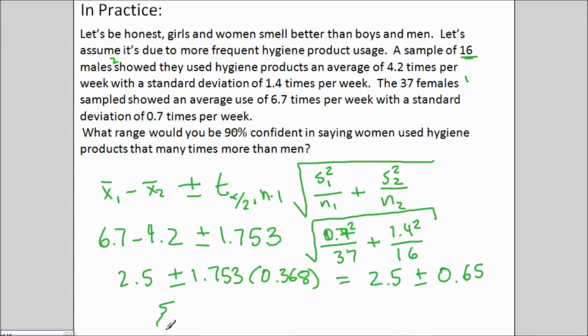So our range is between 1.85 and 3.15. We can be 90% confident that women use hygiene products 1.85 to 3.15 more times than men do.